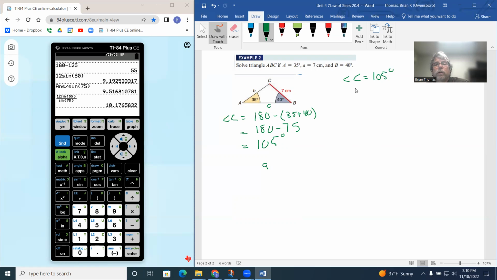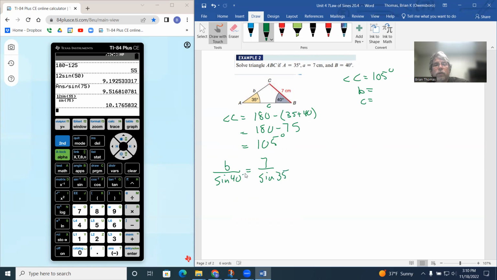What we're still looking for is side B and side C, but we do know A. So let's start with just looking for side B. Side B will go with its opposite angle, which is the 40 degrees, so it's going to be the sine of 40 degrees. And then the known ratio is going to be A's, the 7 over the sine of this 35.